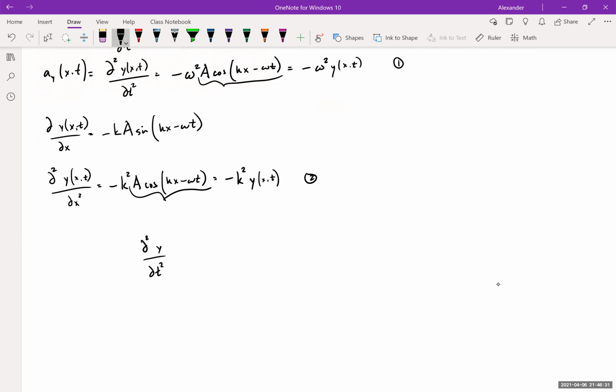The second partial with respect to time, over the second partial of y with respect to x.